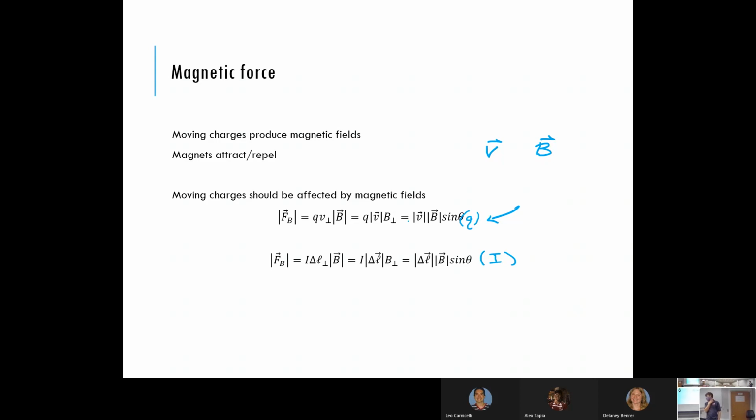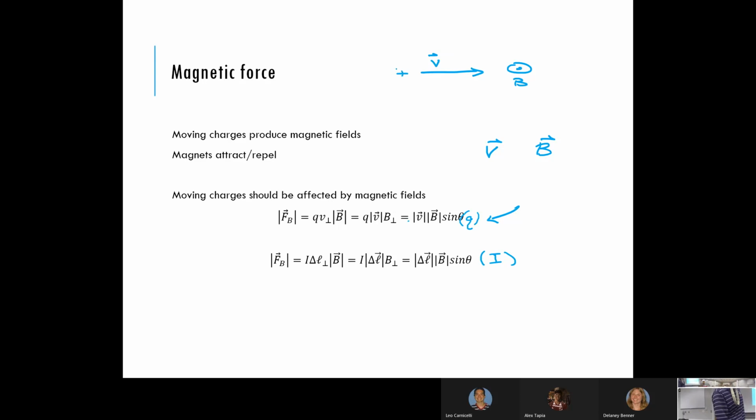This is still the right hand rule. You have to use your right hand. Here's how we're going to do it. Fingers in the direction that the charge is moving. Palm in the direction that the magnetic field is pointing. For example, let's say that I have a proton moving to the right and the magnetic field is out of the board.